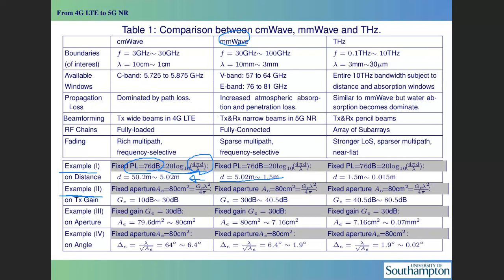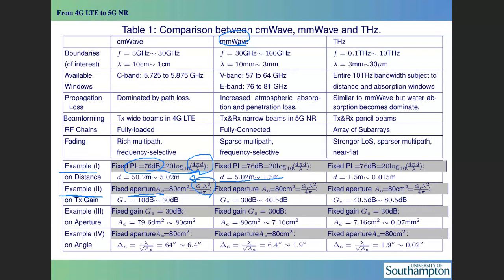Last time I said that as the frequency increases, the size of the antenna decreases, right? When you look at the word aperture, just think it means the area of the antenna. It follows this equation.